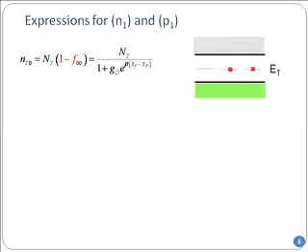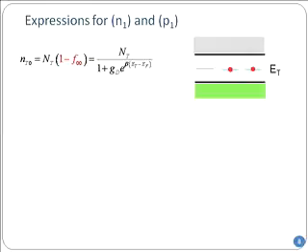I think I must have written it correctly. But N_T0, let's say I multiplied by F00, which is the number of when it's empty. So this is fine. When it is occupied means when it's not empty. And F00 means when nothing is there, right? No electron is there. So this is fine. 1 minus F0 means when it is occupied. And when it's occupied, that's N sub T.